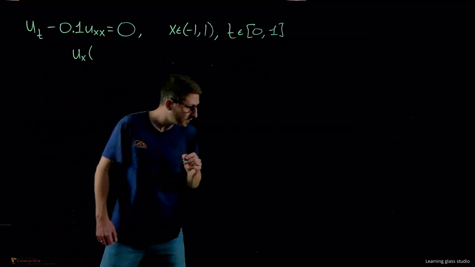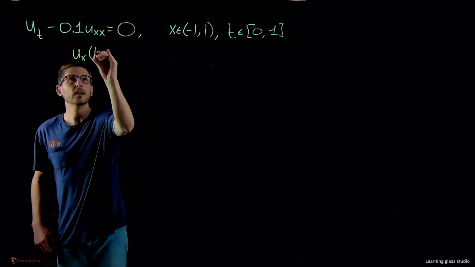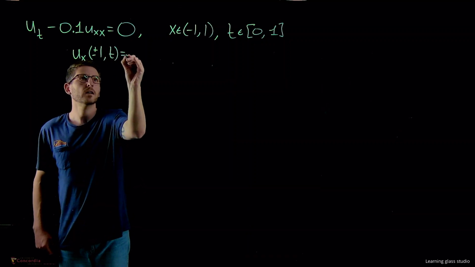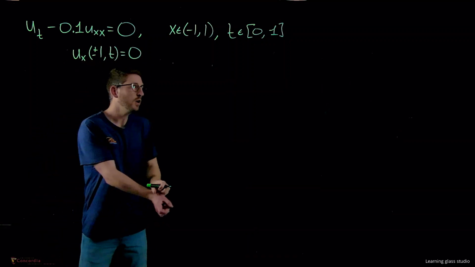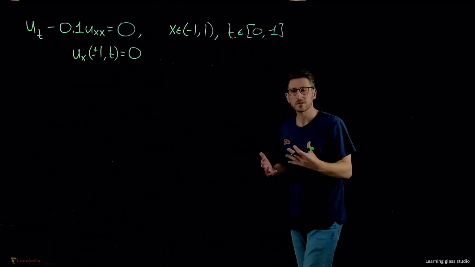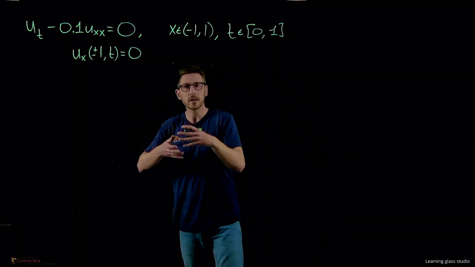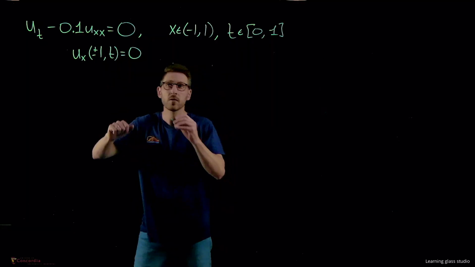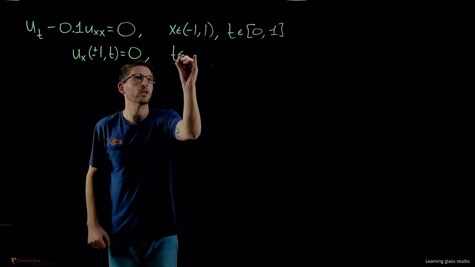So u is a function of both space and time. At both of the endpoints at plus or minus 1 for all time, the derivative should be 0. If you watched my partial differential equations lecture series, this is what I call the swimming pool conditions, right? No information can be lost at the boundaries here. And of course, this has to hold for all time.